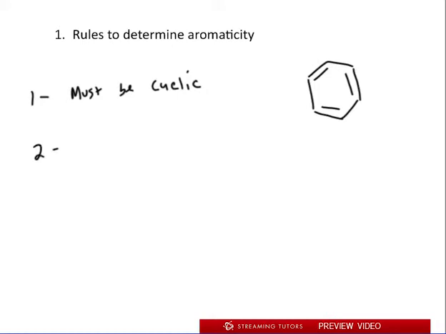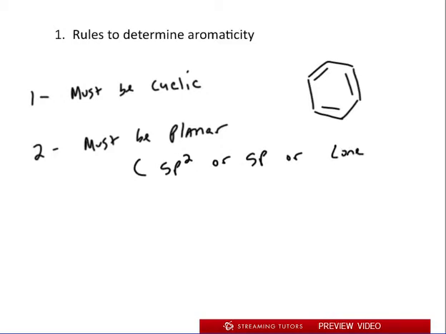Number two, it must be planar. Now, what does that mean? Well, in order to be planar, that means that every atom in that ring must be sp2. Okay, so one obvious way is sp2, or sp, or, now here's the thing, a lone pair.